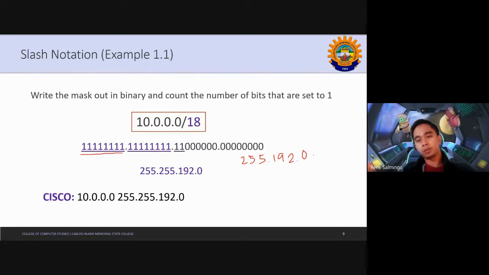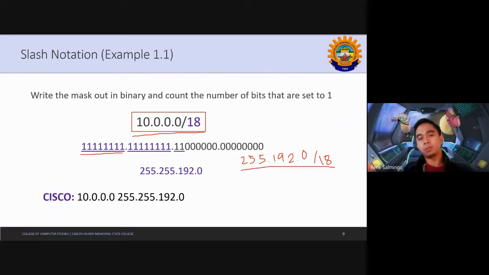So any questions about this? So this is your network ID, and this is your host ID. That's how you're going to compute your subnet mask given the CIDR notation 10.0.0.0.